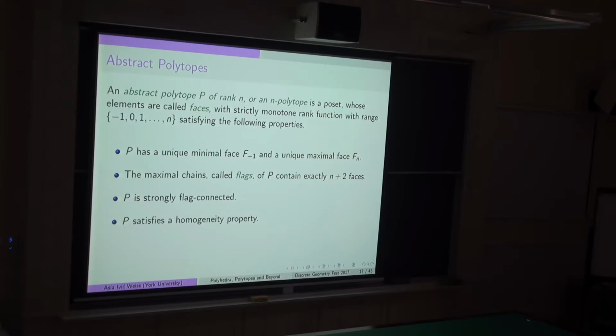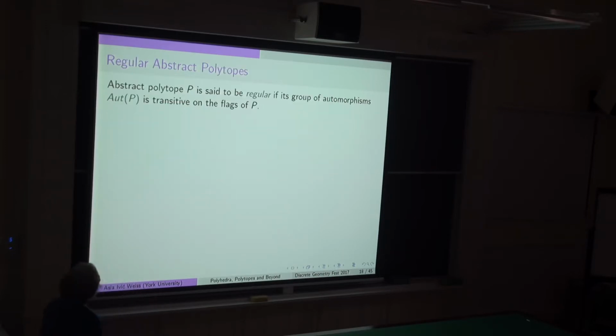And we also have something that we refer to as the homogeneity property, which is, for example, saying that if you have a vertex and a face, a polygon, there will be precisely 2 edges that belong to both. So that's a property that's responsible for really making it look polyhedral.